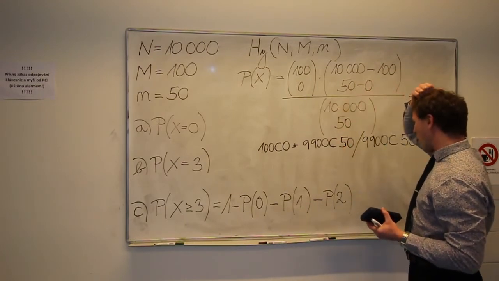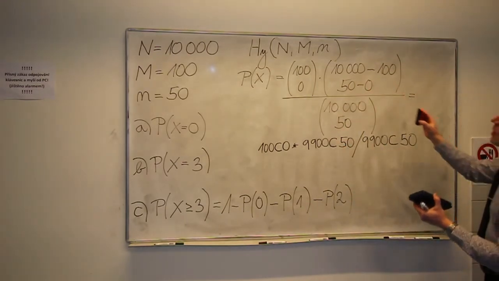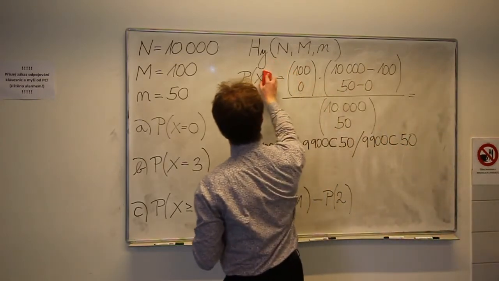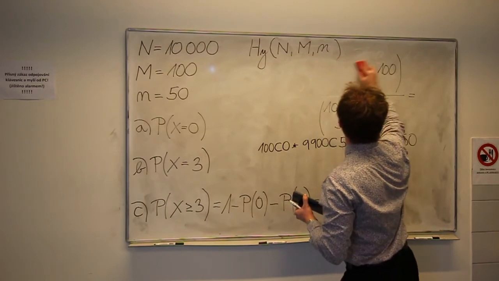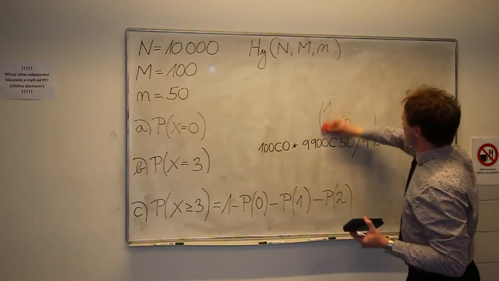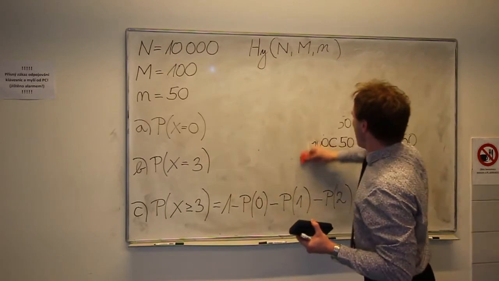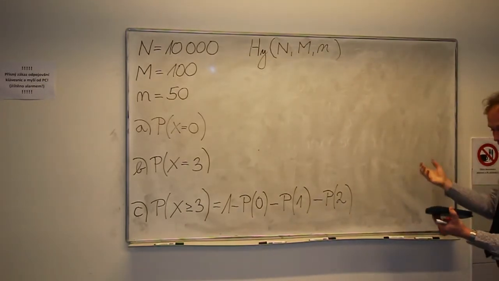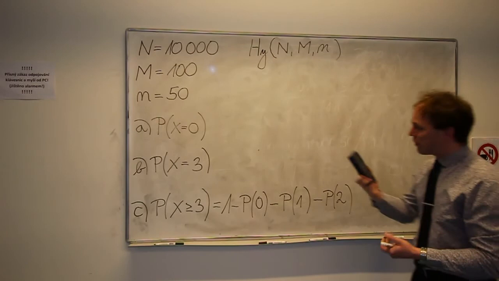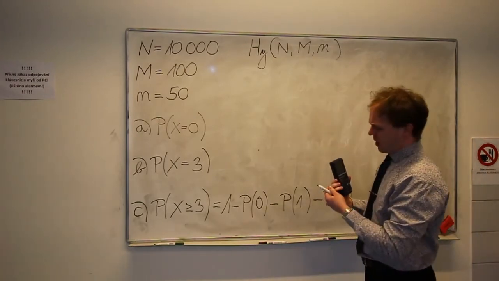So I will delete this, and I will show you how we can approximate this distribution by another distribution, and how to solve this on a calculator if you do not have enough memory.